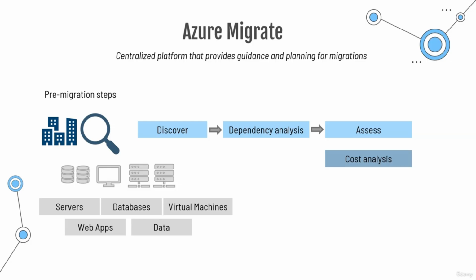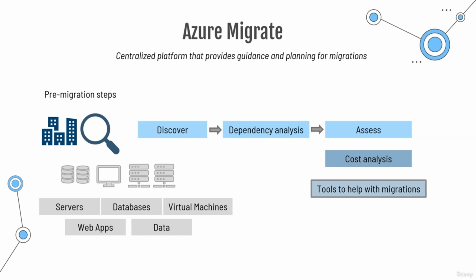It basically is a platform where we have a set of tools that all help with the migration, with the goal to make it as easy and as plannable as possible for companies to migrate from on-premise into the cloud. And in this platform, we can create migration projects in which we can go through all of these steps and also use all of these tools.